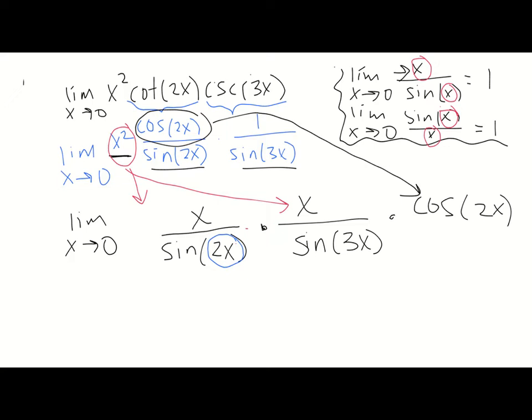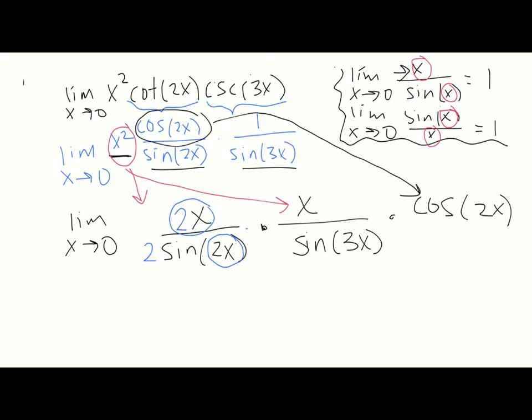So we're going to go ahead and multiply by 2 up there on the top of the fraction so that we have 2x to match sine of 2x, except if we multiply by 2 on the top of the fraction, then we have to multiply 2 on the bottom, because that's like multiplying by 2 over 2, which is like multiplying by 1, so that doesn't change our fraction at all.